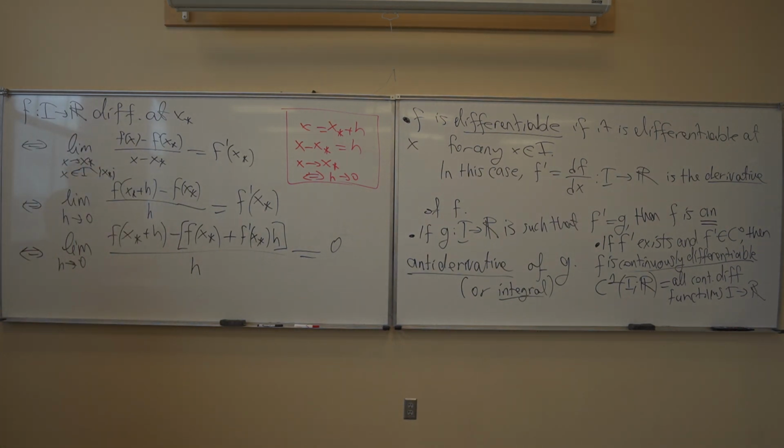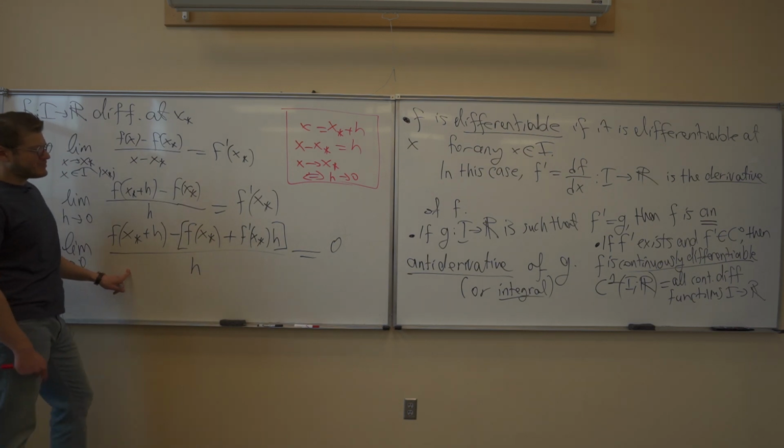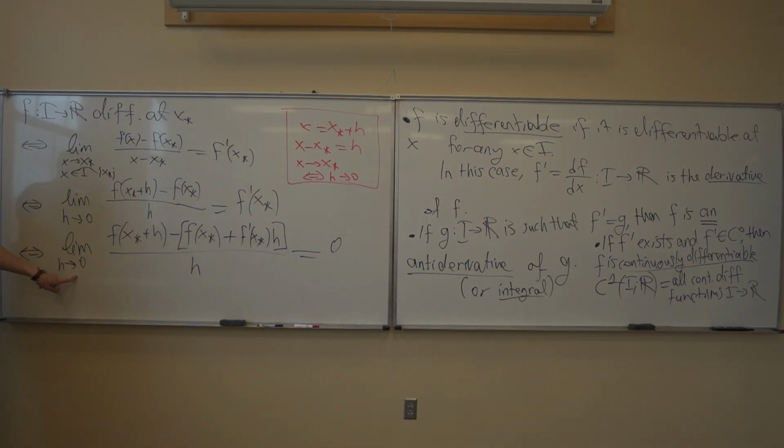I'm just rewriting the same thing. And in fact, what I can do is, because what might happen is that in this definition, I'm not saying h is positive or negative. Because ultimately, I have to allow h approaching 0 from the right or from the left.